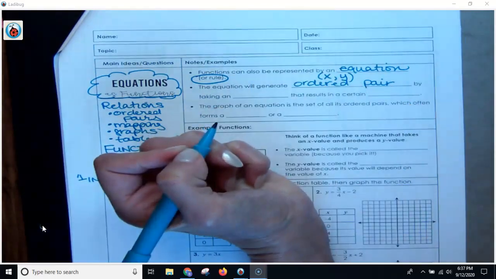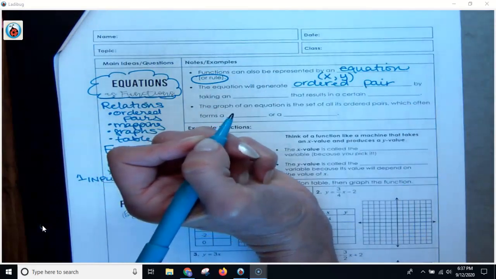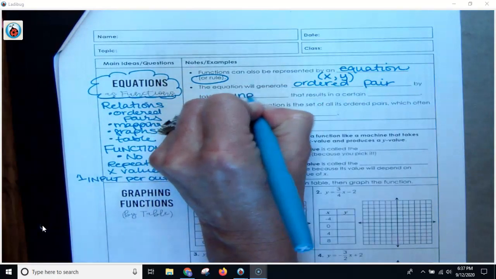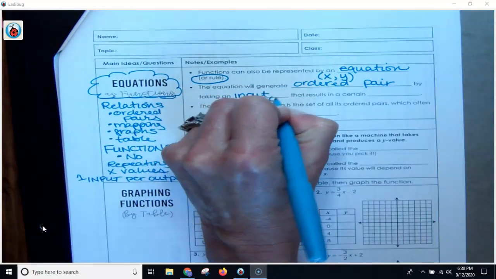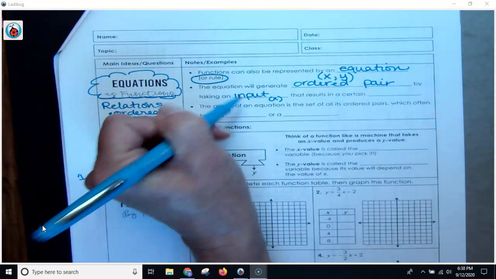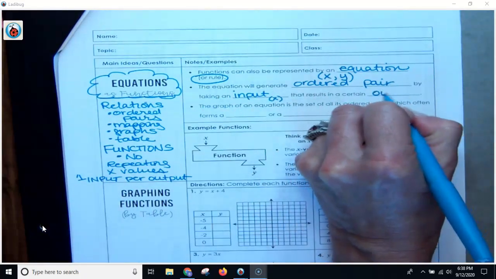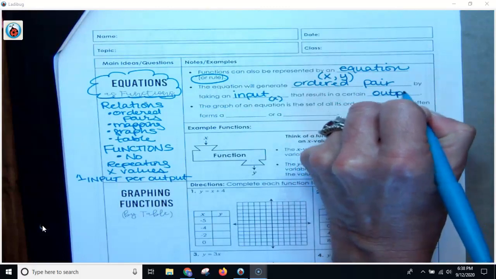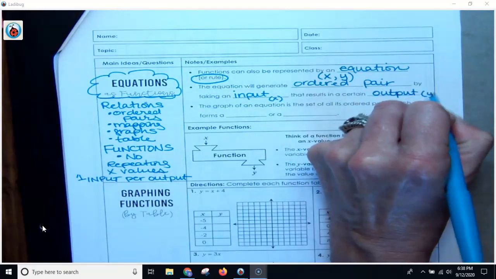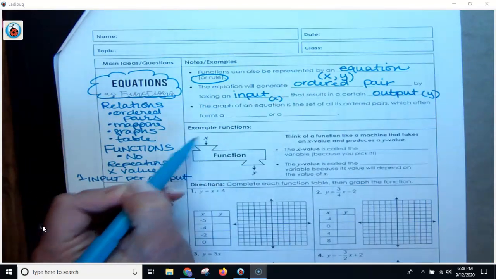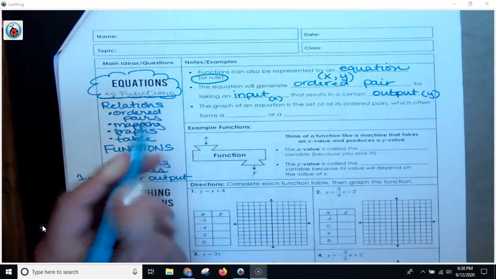You'll get an ordered pair by taking the input, which is your x, plugging that into the equation, and then you're going to get an output, which is your y. Here it shows a machine.